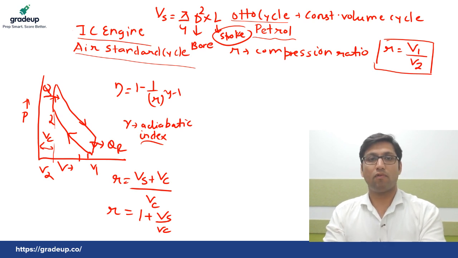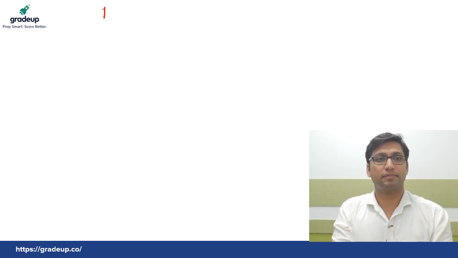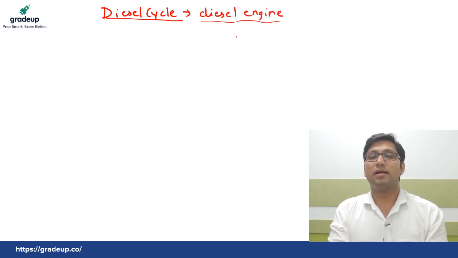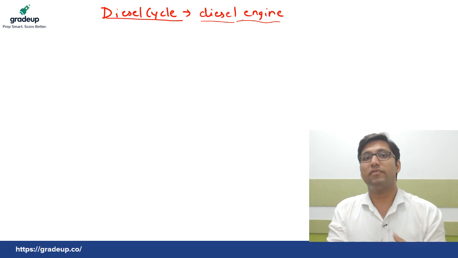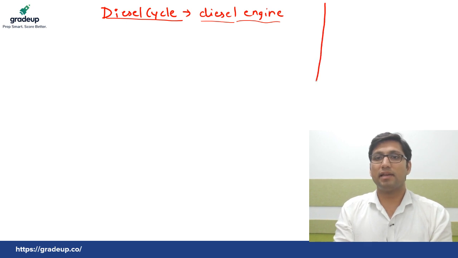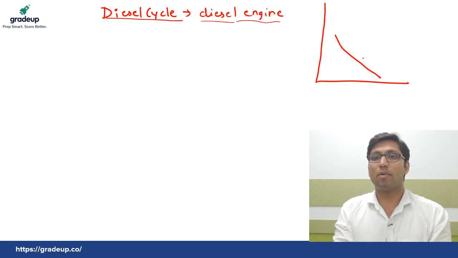Now moving on to the diesel cycle, which is the cycle used for diesel engine, where diesel is used as the working fuel. All the cars and vehicles which work on diesel fuel work on the diesel cycle. It consists of two isentropic processes.